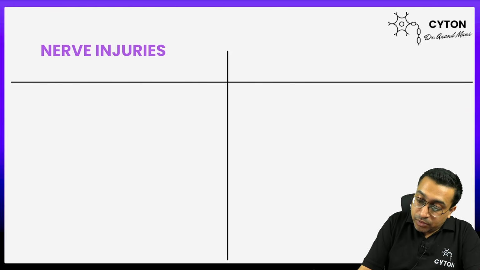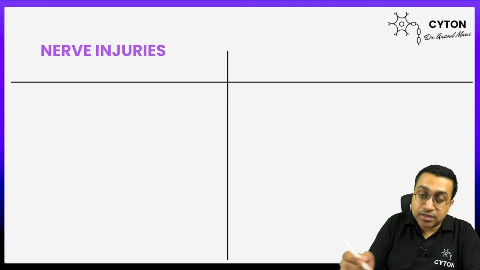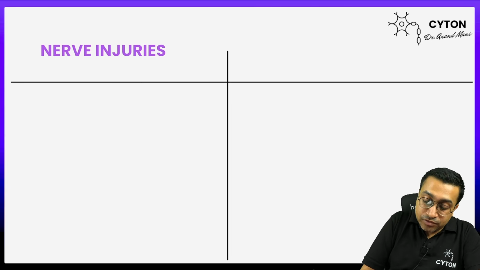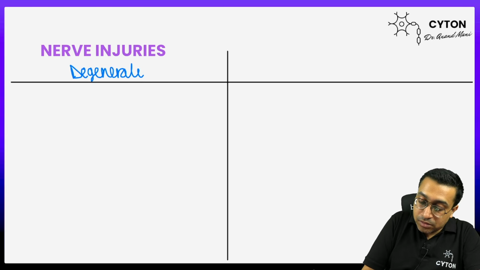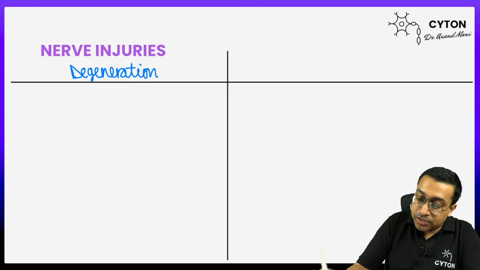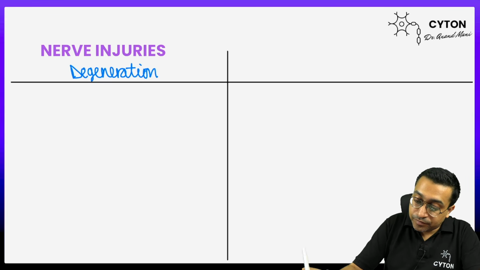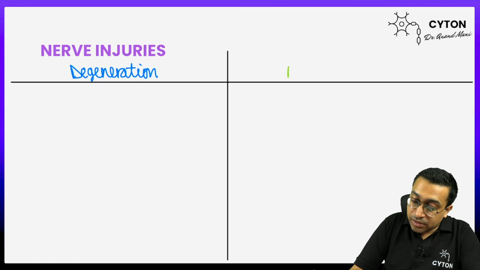Number 1, degeneration of the nerve fiber, and on this side let us write the regeneration.